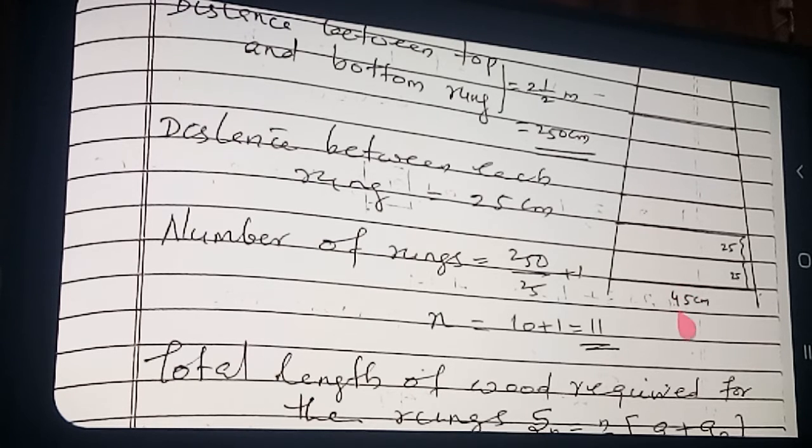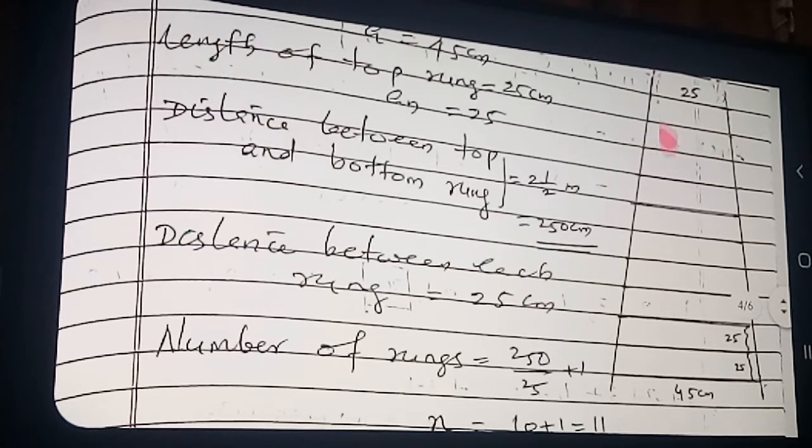The distance between the bottom rung, this one, and the top rung, this one, is given as 2.5 meters. That means 250 centimeters. Are you following clearly? The total distance between the bottom rung and the top rung is 250 centimeters. And you also know the distance between consecutive rungs, which is 25.